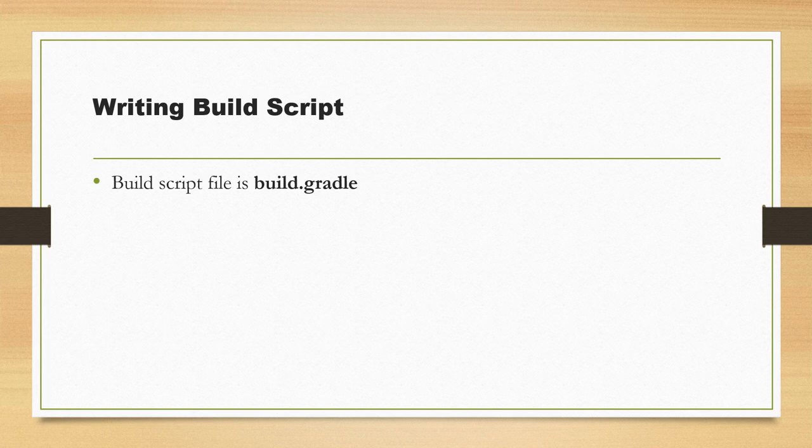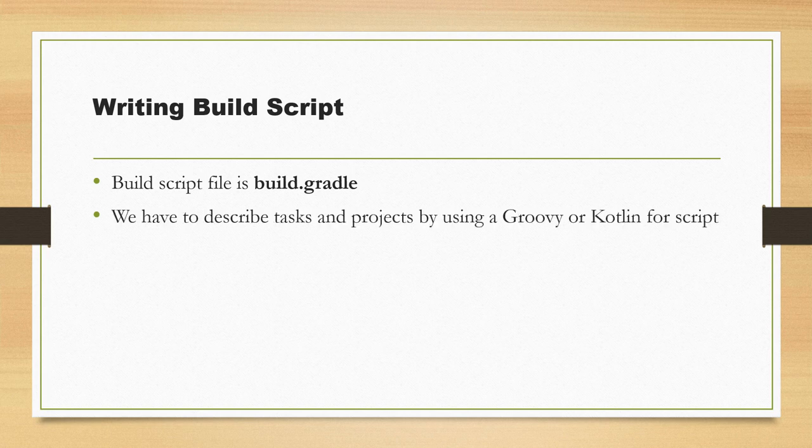Apart from that, it creates some more files. If you look into the build.gradle file, we describe our tasks and projects using Groovy or Kotlin for build scripting in this file.